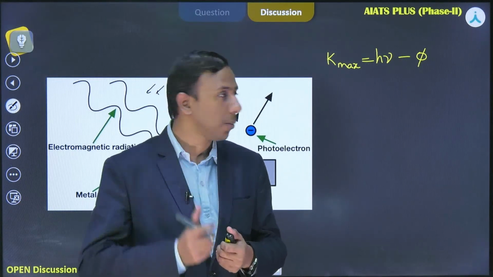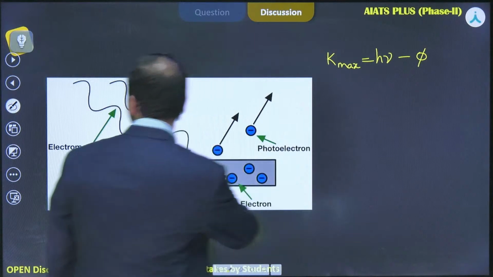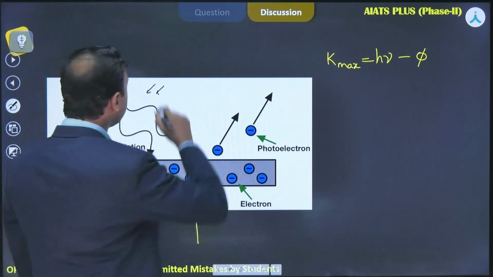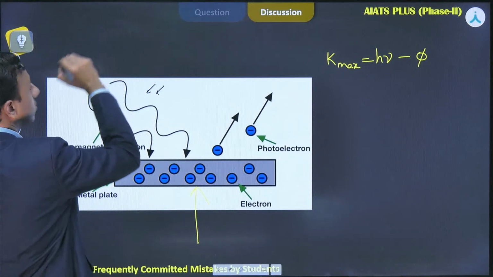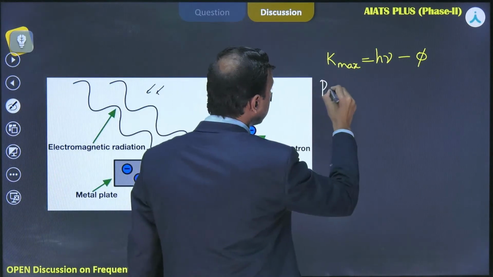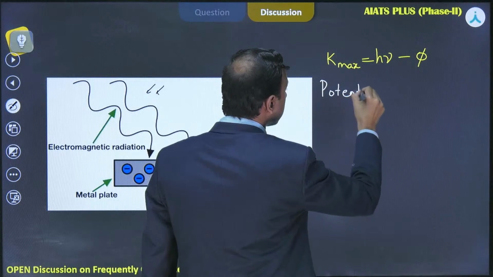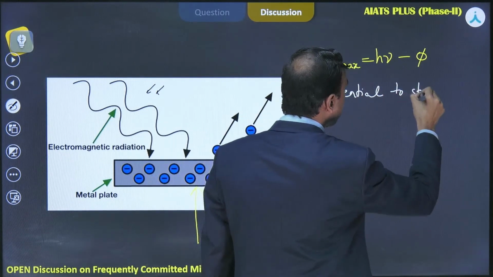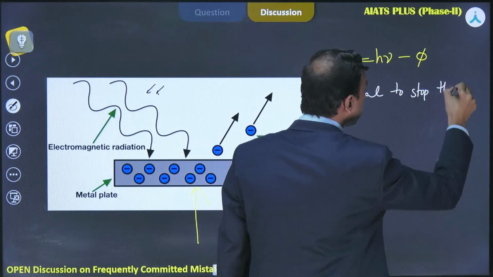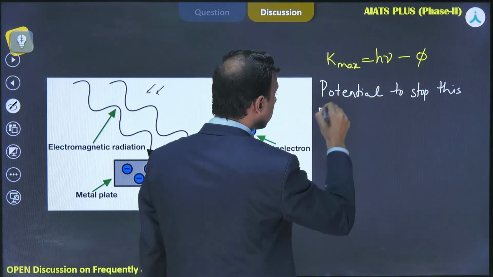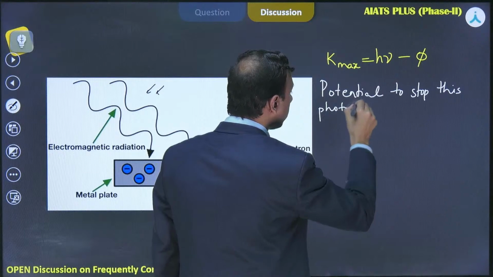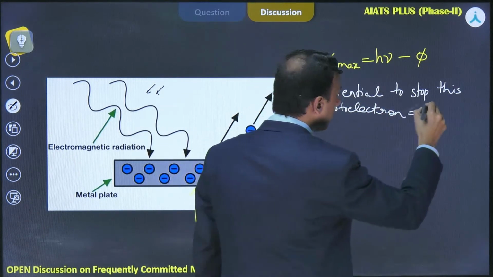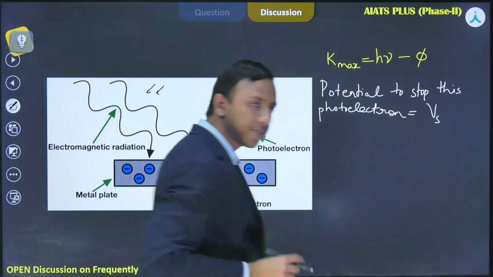That potential is called the stopping potential. So let me write over here: the potential to stop this photoelectron is equal to, let's say, Vs, S for stopping potential.